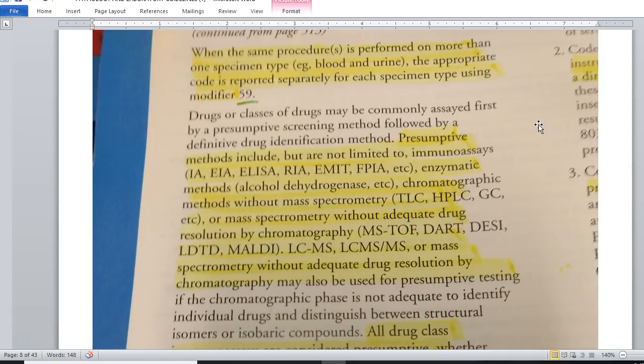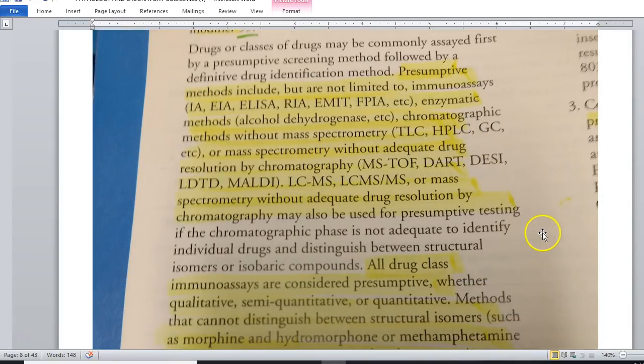This is things like MSTOF, DART, DESI, LDTD, and MALDI. We also will see LCMS and LCMS/MS, or mass spectrometry without adequate drug resolution by chromatography, may also be used for presumptive testing if the chromatographic phase is not adequate to identify individual drugs and distinguish between structural isomers and isobaric compounds.